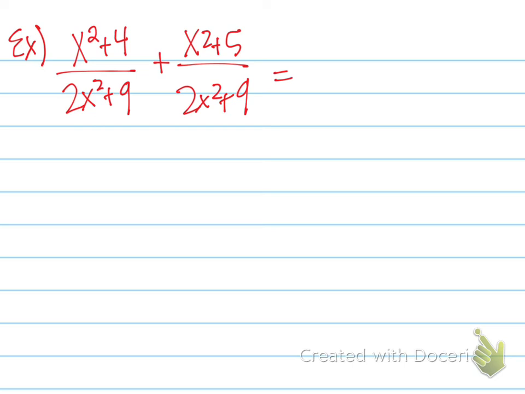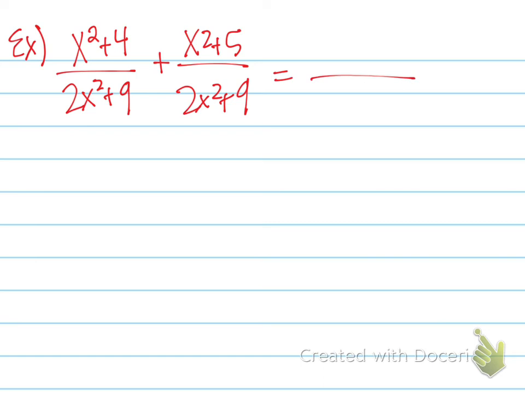When you are adding or subtracting fractions, your denominator must be the same in order for you to continue on. If it is not the same, you must find that least common denominator. In this case, is my denominator the same? Yes. So you don't add your denominators, guys.